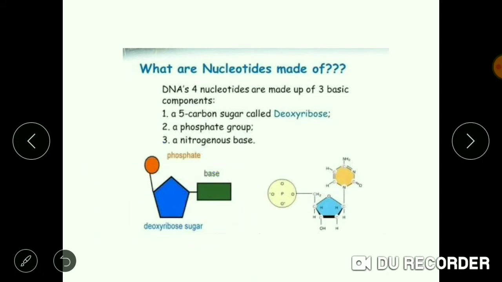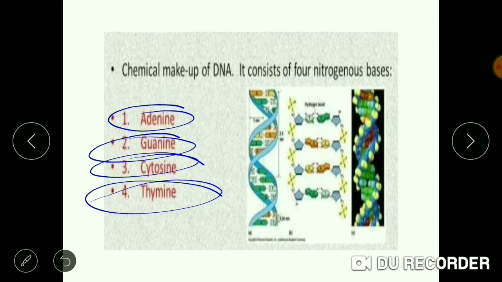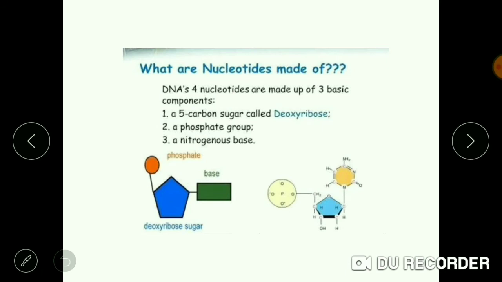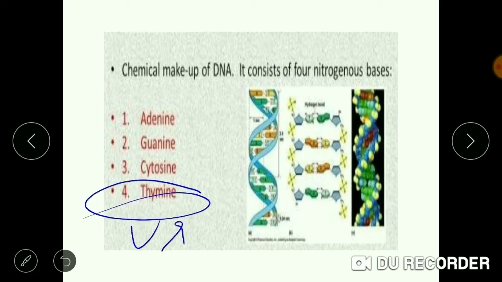The 4 nitrogenous bases are adenine, guanine, cytosine, and thymine in case of DNA. But if we talk about RNA, which kind of pentose sugar is present? Ribose sugar is present. And instead of thymine, uracil nitrogenous base is present.